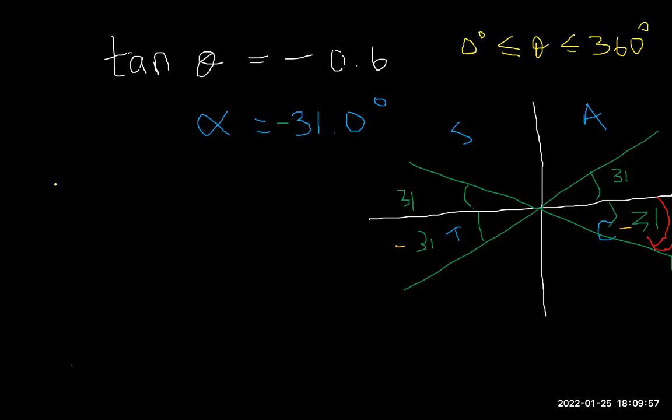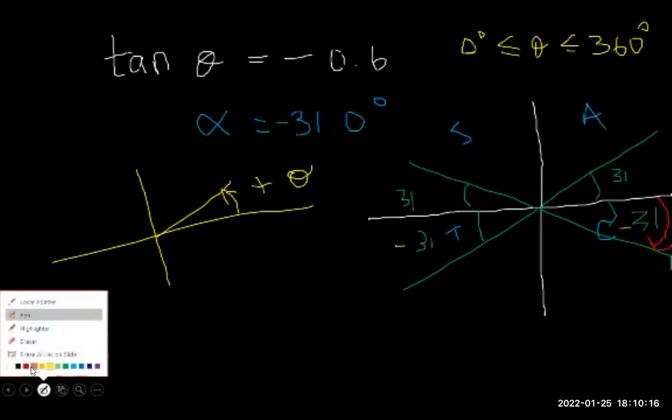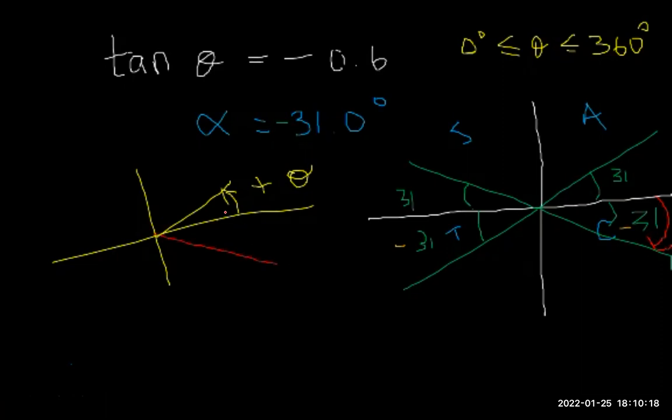So let me just draw this out real quick. An angle that's measured anti-clockwise would be a positive angle. So let's just say this is positive theta. But an angle that's measured clockwise is a negative angle.